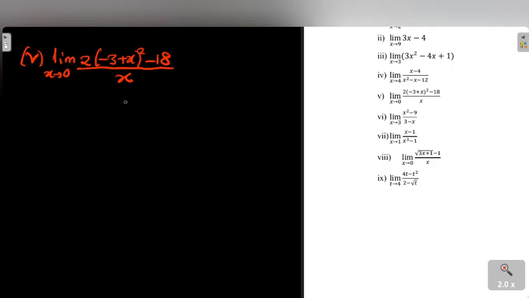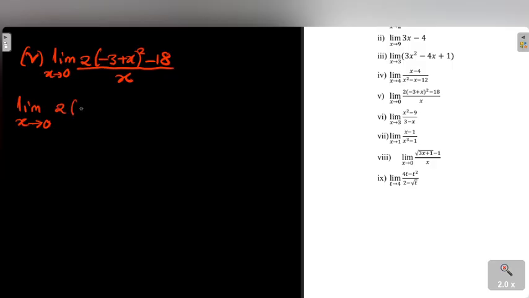Since we know it is undefined, we'll deal with the top part. We'll expand because we have negative 3 plus x to the power 2. So we expand that first. Now we have the limit as x approaches 0 of 2 open, negative 3 plus x to the power 2.